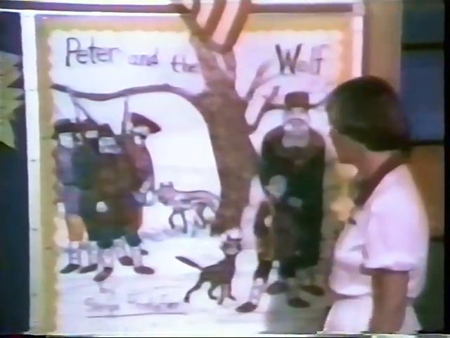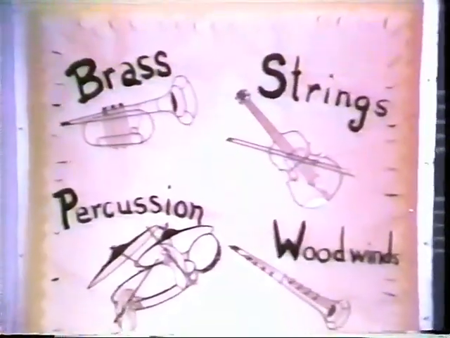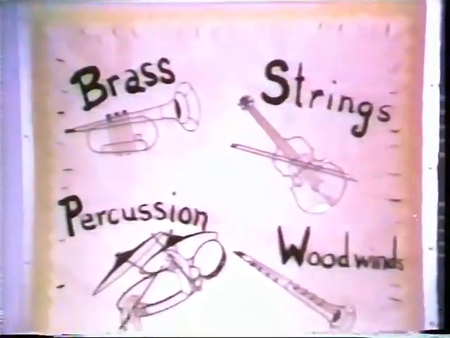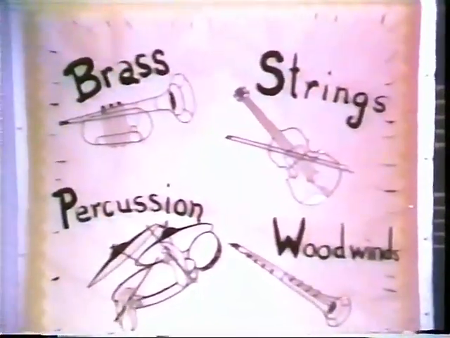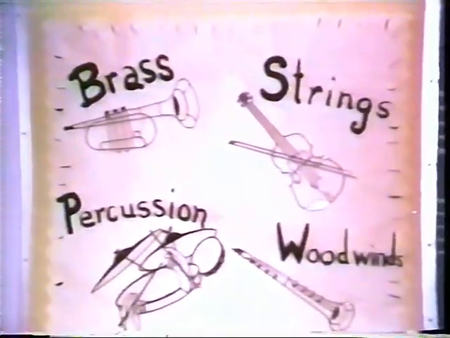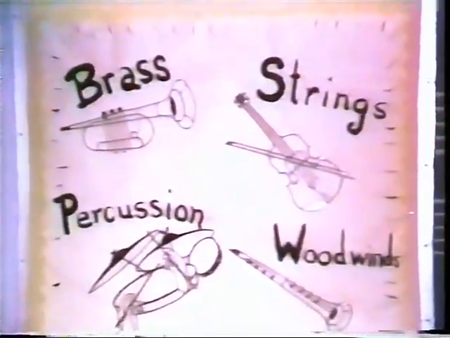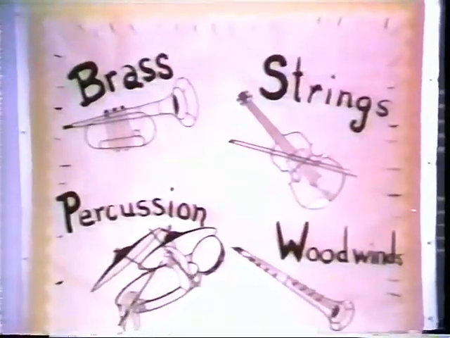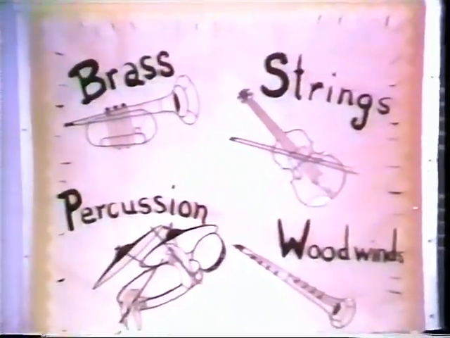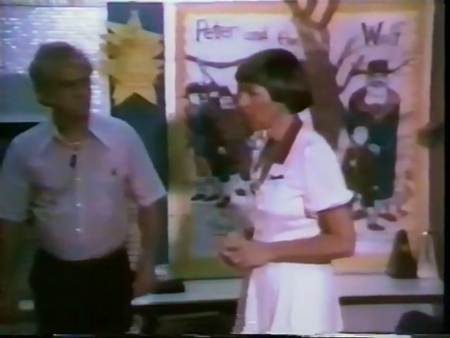on a bulletin board. The one that's over here is one that tells the four basic families of instruments in the orchestra: the strings, brass, woodwind, and percussion. And that, too, is something that we've studied. So this, we feel, relates to the music program.